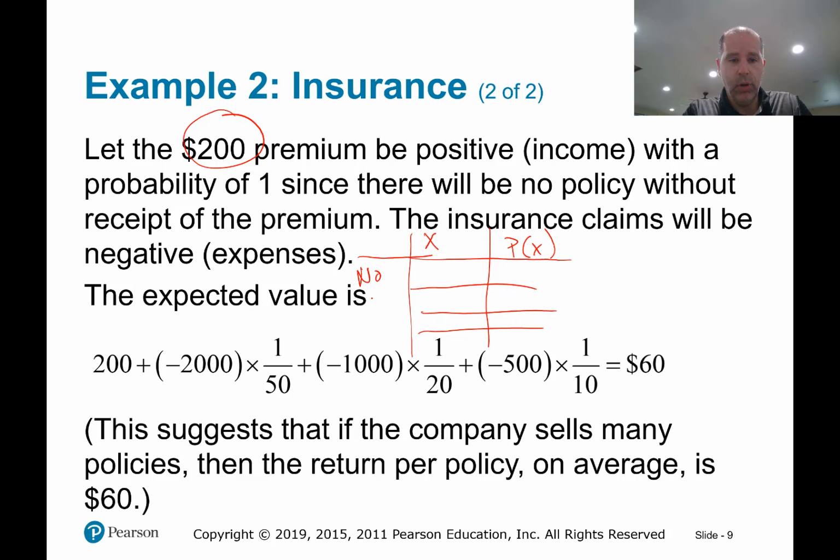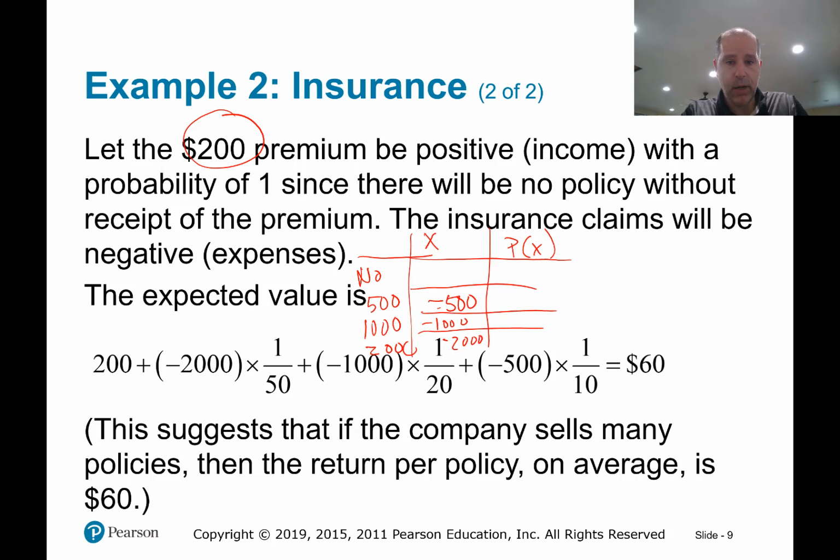So we could have a $500 claim, a $1,000 claim, or a $2,000 claim. If it's a $500 claim, they're going to be out $500. They have to pay $500. If it's a $1,000 claim, they're going to be out $1,000. And if it's a $2,000 claim, they're going to be out $2,000.